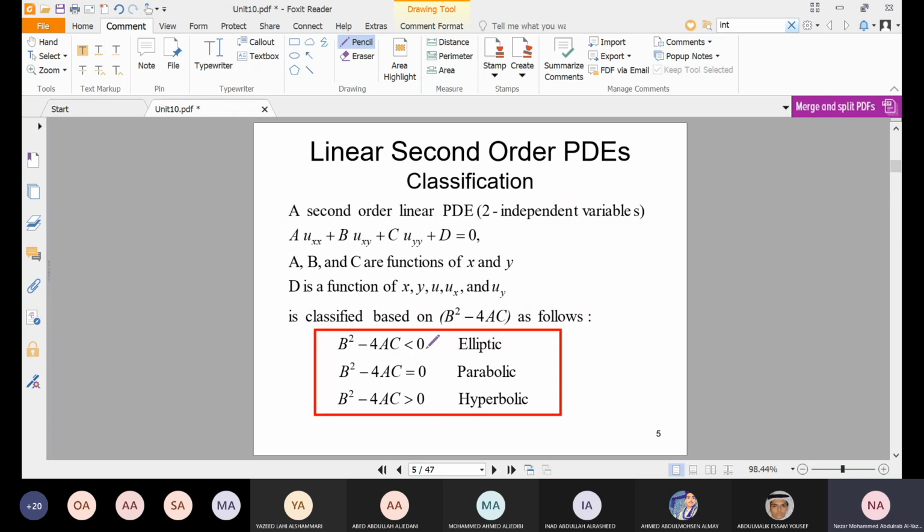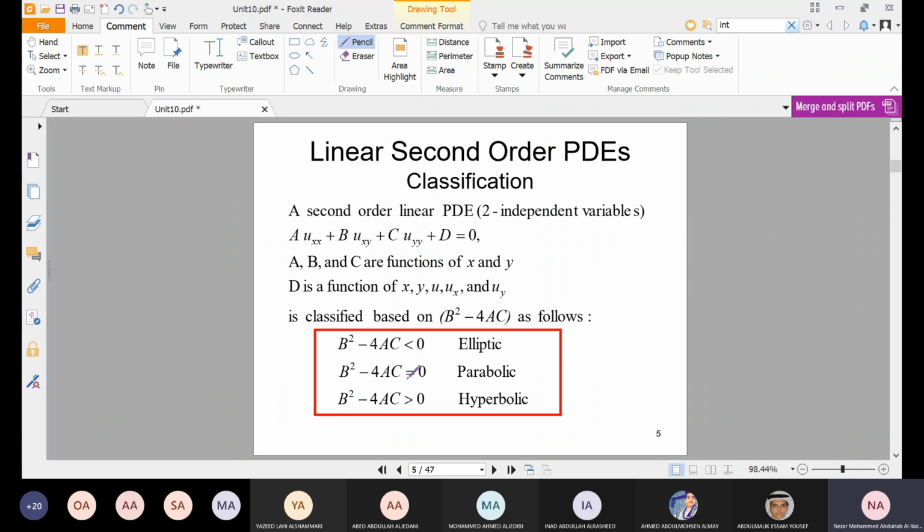So how can we classify them? Usually we classify by using the quadratic formula. The equation is elliptic if the value of the quadratic is less than 0, that means negative. The second type is parabolic, where usually b equals 0 and one of a and c is zero, or b squared is equal to this term.